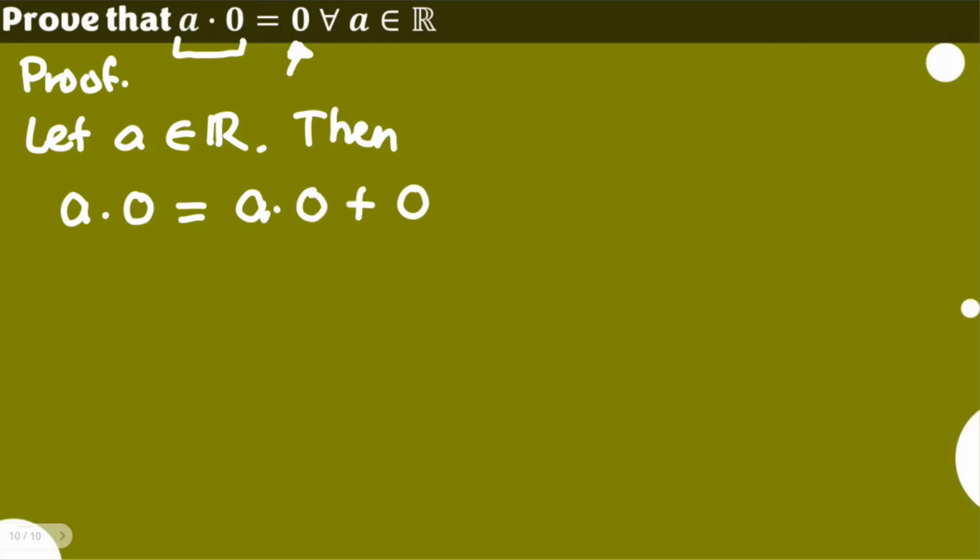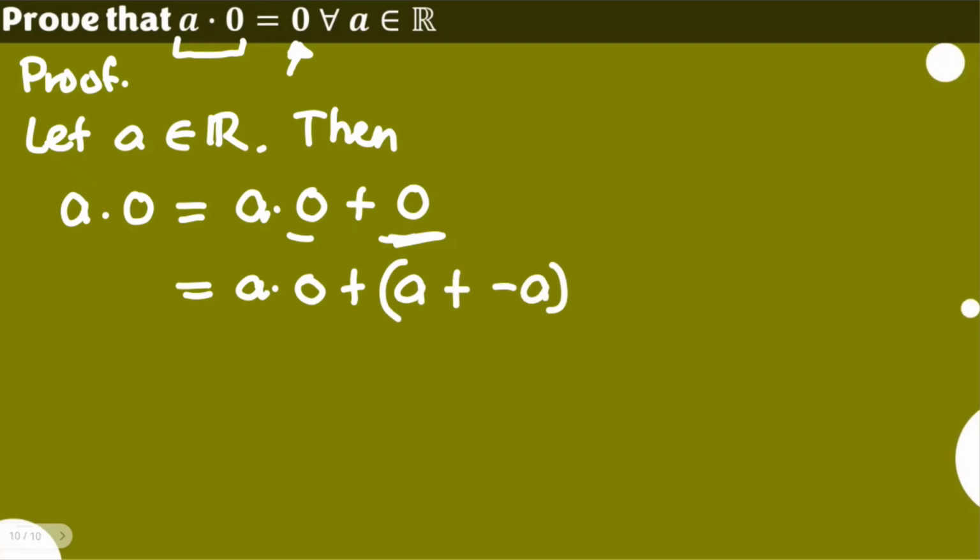I'm introducing 0 here because 0 is considered the additive identity, or the identity element for addition. And with that, I can reintroduce a sum of two additive inverses. Therefore, I have A times 0 plus, I can introduce A plus negative A at this point.